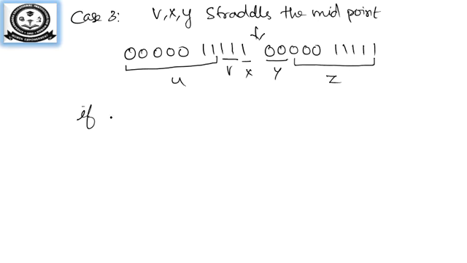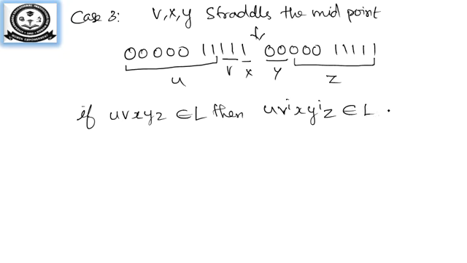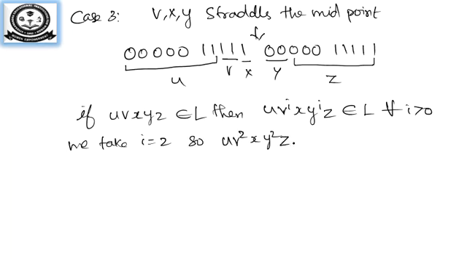If uvxyz belongs to the language, then uv to the power of i x y to the power of i z must also belong to the language for all i greater than or equal to 0. So we take i equal to 2. So uv squared x y squared z must belong to the language. This is what we have to prove now.